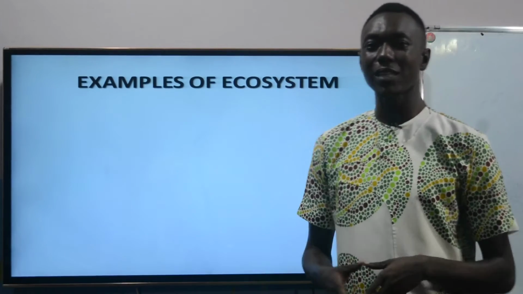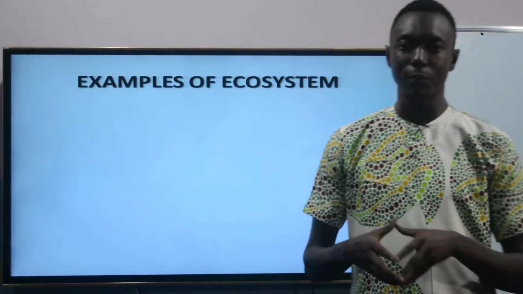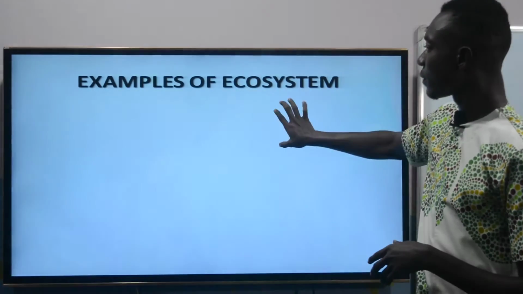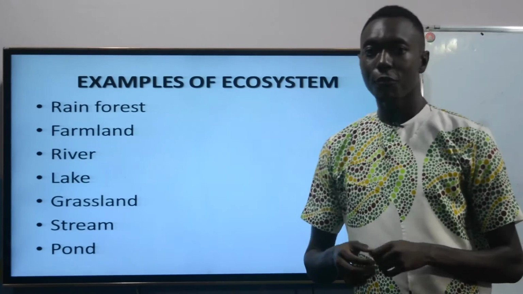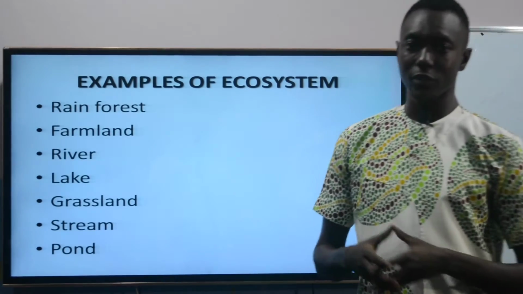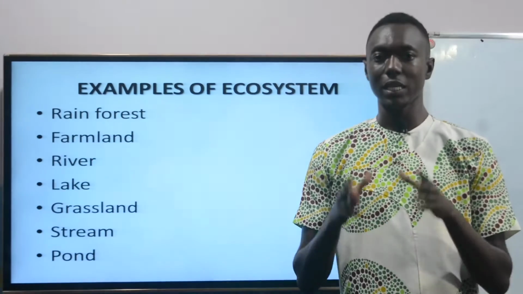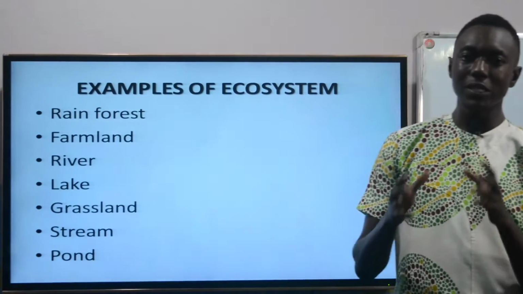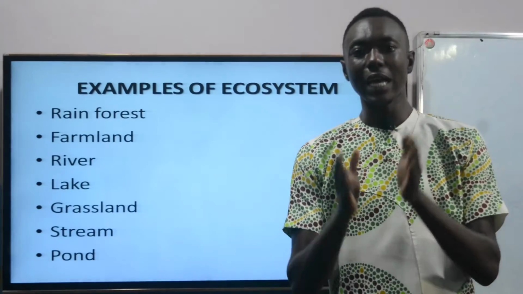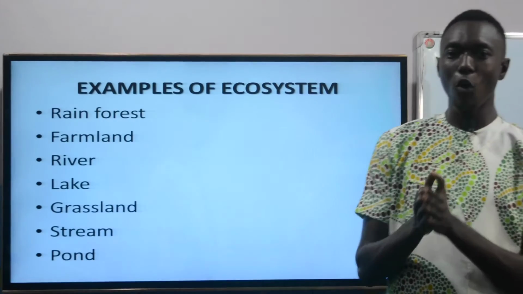Now let's look at some examples of ecosystem. First, we have a rainforest. We can consider the rainforest as an ecosystem because there are certain things that come together to form a rainforest.